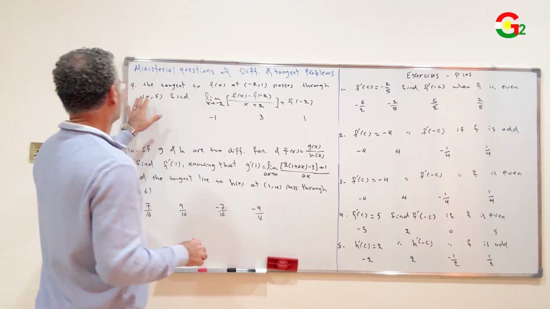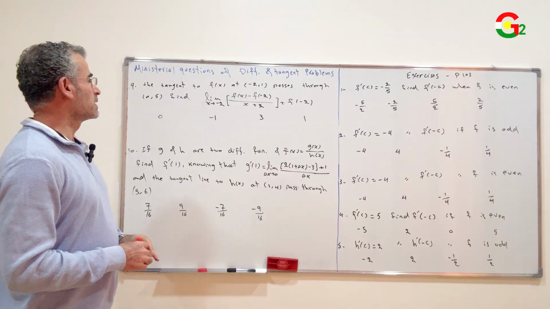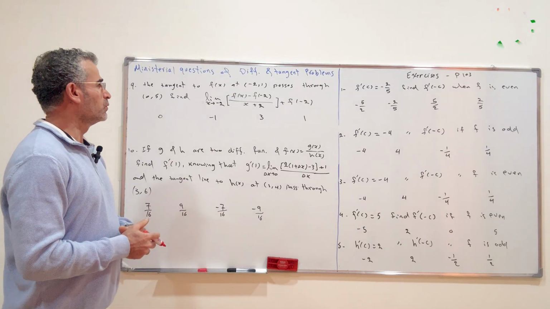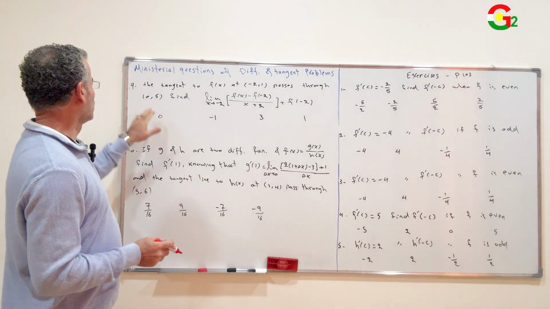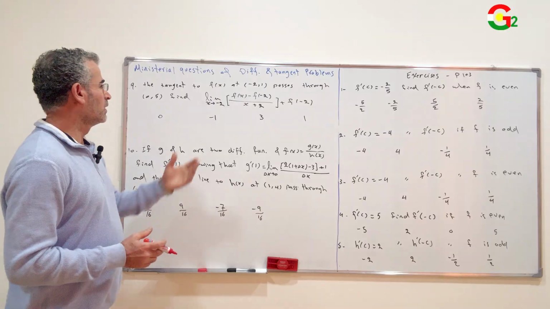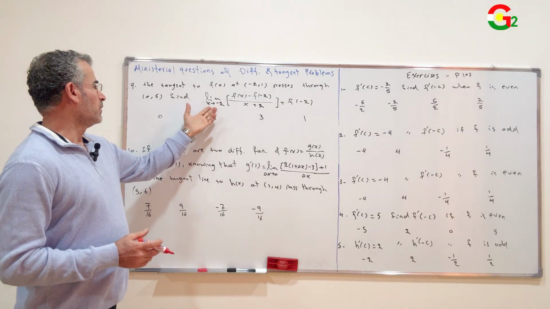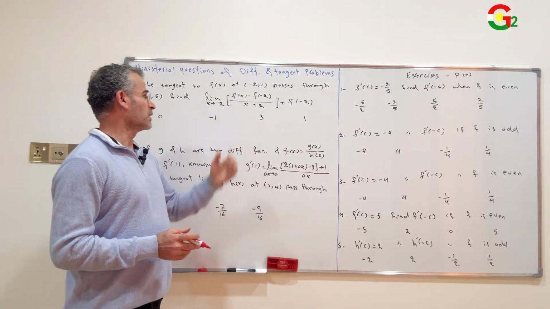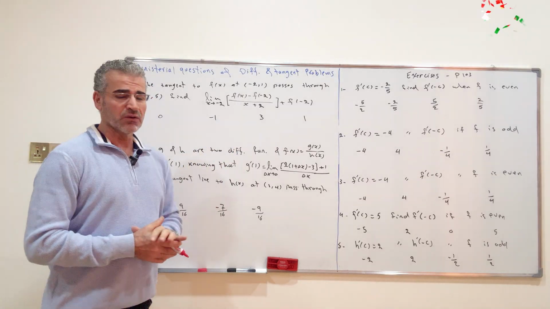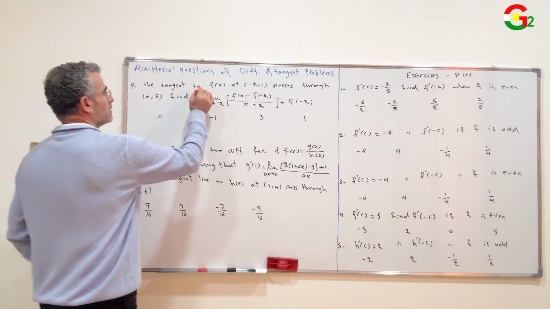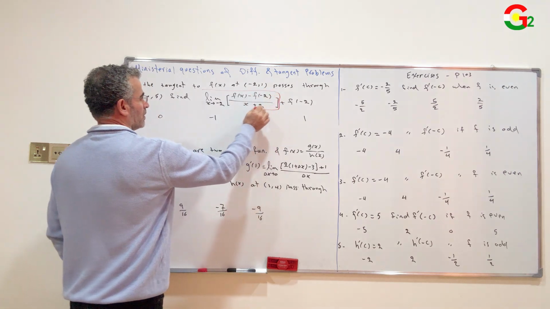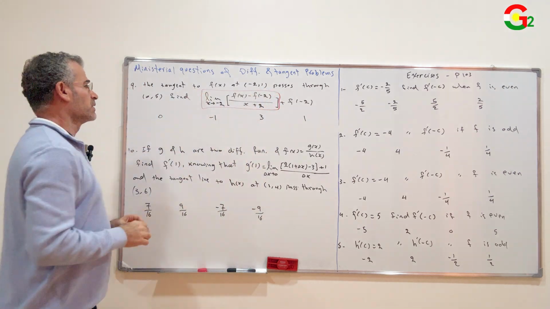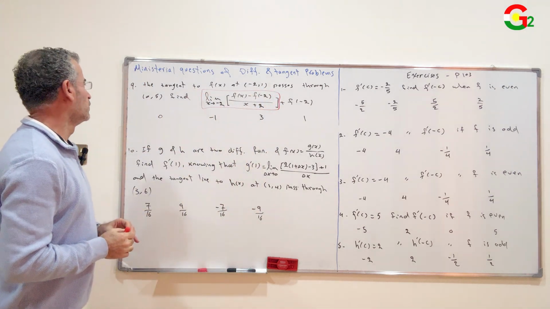Question number 9. The tangent to f of x at the point (-2, 1) passes through (0, 5). Find the limit as x approaches -2 of f of x minus f of -2 over x plus 2, plus f of -2. This limit is the derivative of the function at -2.